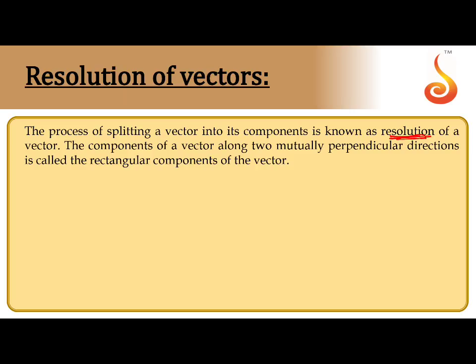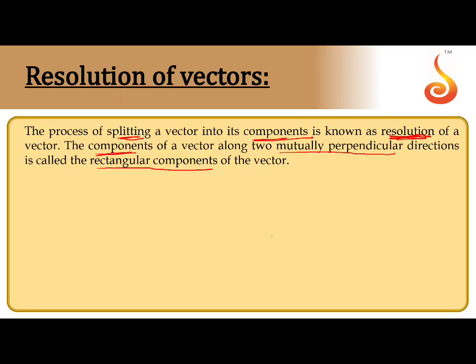Here, there is one vector, and we are trying to divide it into two or more vectors. This process is called resolution. The newly obtained vectors are called components. And if these component vectors are perpendicular to each other, then they are called rectangular components.